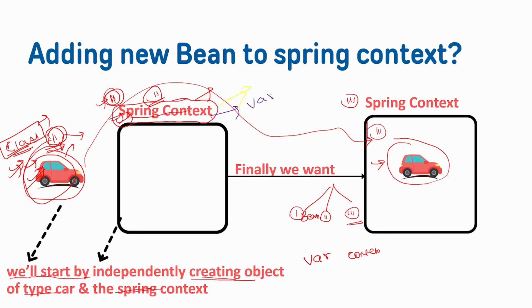So basically we have written var context is equal to new, and we are creating the new instance of the AnnotationConfigApplicationContext. Basically we are configuring the Spring context using the annotation. So in this we have created our Spring class and the Spring context.